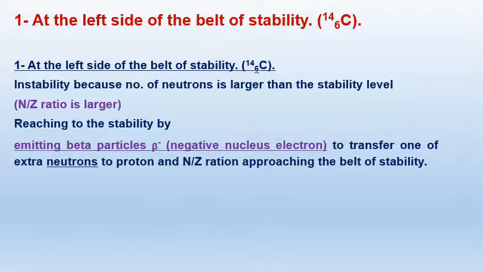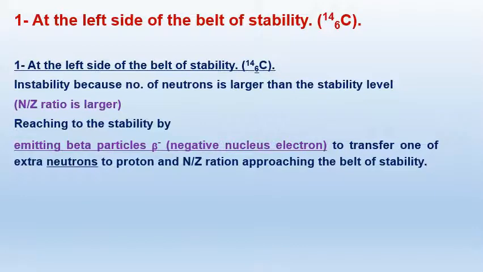Why? Because the number of neutrons is larger than the stability level. They have a large number of neutrons, so the ratio between neutrons and protons, N and Z, is larger than the stability ratio.